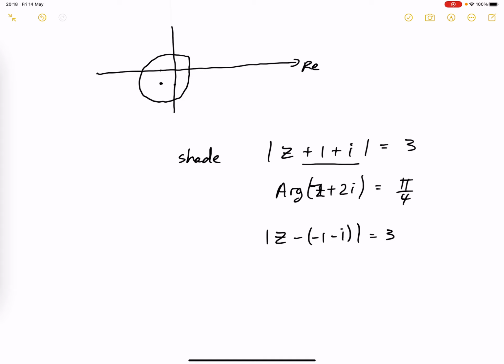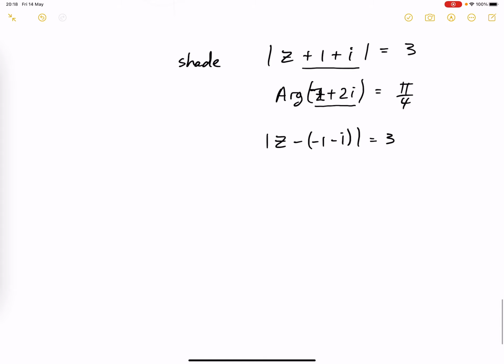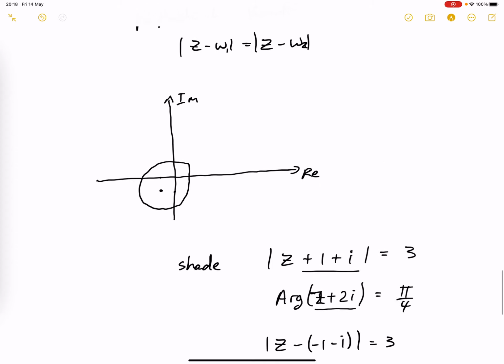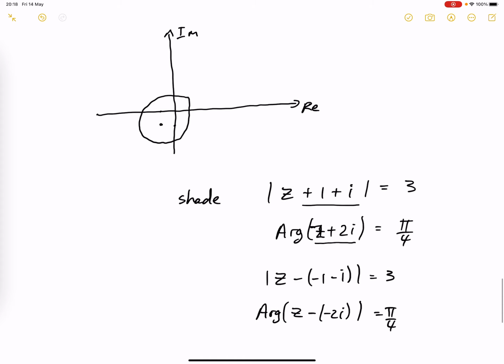And then we have our other complex number here. So that will be actually the arg of z minus (minus 2i), that is very important, is equal to pi by 4. So this will be a half line from minus 2i at pi by 4.